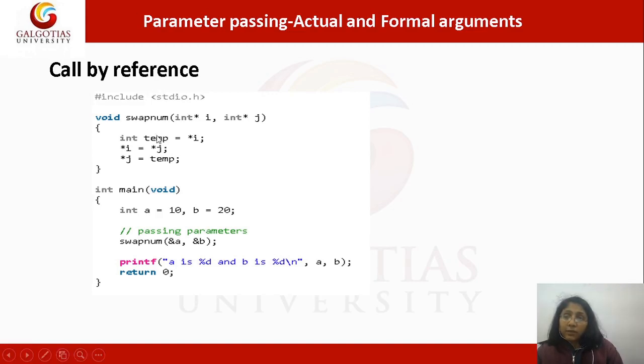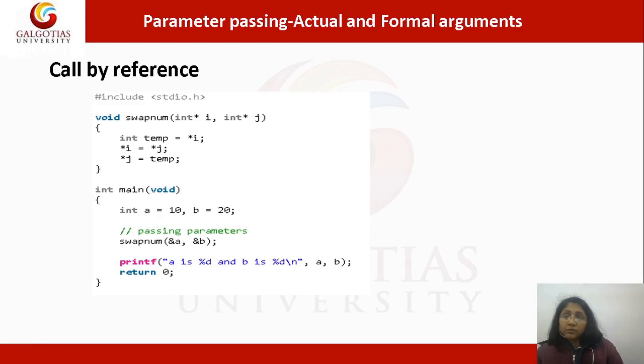Whatever swapping is done inside the function gets reflected in main, because we are not working on the copy but on the actual reference. So after swapping, if we print the values, instead of 10 20 we will get 20 10, which has been done inside the body of the function.